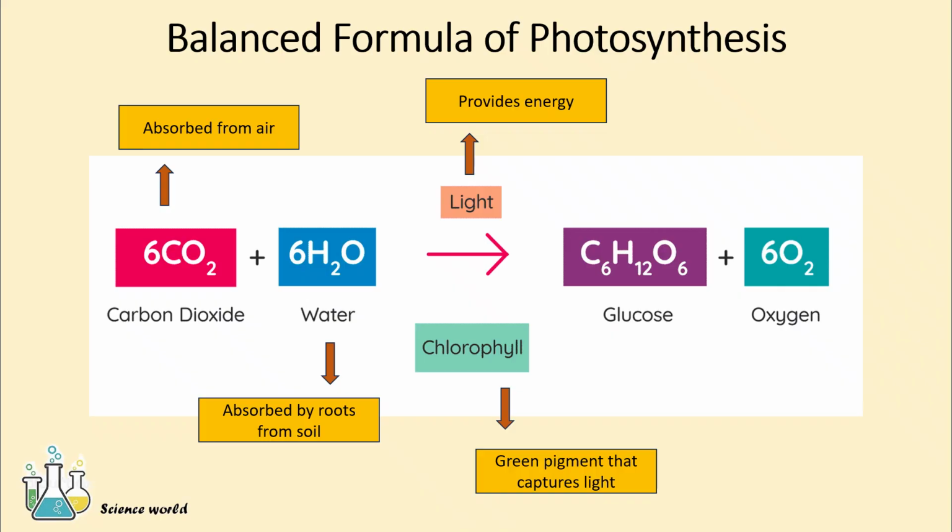This photosynthesis process only happens in the presence of light and chlorophyll. Carbon dioxide molecules are absorbed from the air and water molecules are absorbed by roots from the soil. Light is the energy source and chlorophylls are the green pigments which capture light. So this is the formula of photosynthesis.